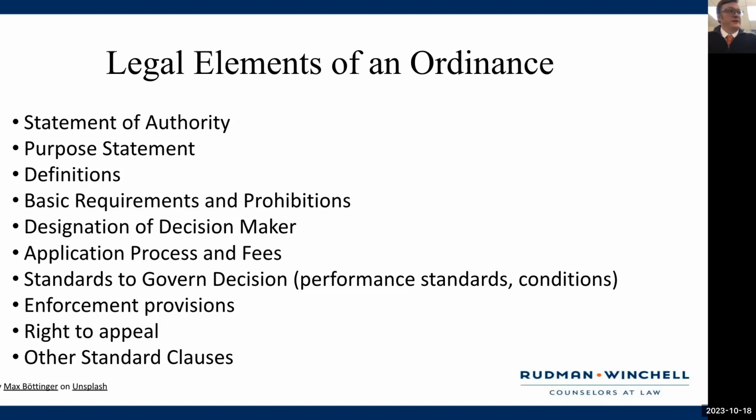Again, the designation of the decision maker. Who is this a permit that a code enforcement officer is going to issue? Is this a permit that a planning board is going to issue? General rule of thumb, if you're going to have standards that give some degree of discretion, such as the use should have no undue adverse impact on water quality, that's something where really it's more appropriate to have a planning board process as opposed to a code enforcement officer, because where you have those discretionary standards, you'll typically be accepting evidence.